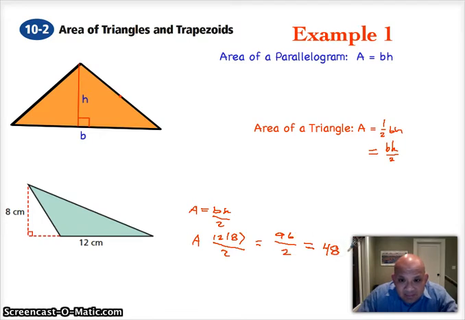So we have 48 centimeters squared. That is the area of this triangle. Half base times height, or base times height over 2. Let's go to our next problem. And I'm hoping it's not going to be as slanted as what you see here.